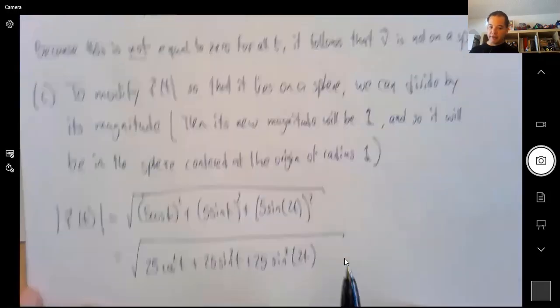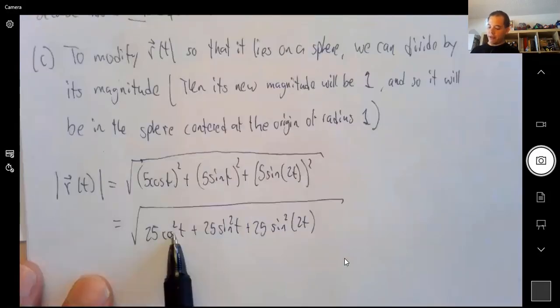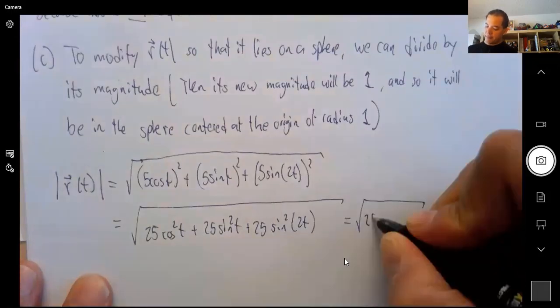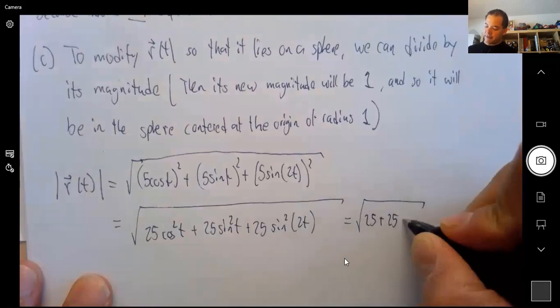And we already know that cosine squared plus sine squared is 1, so this simplifies as simply 25 plus 25 sine squared of 2t.